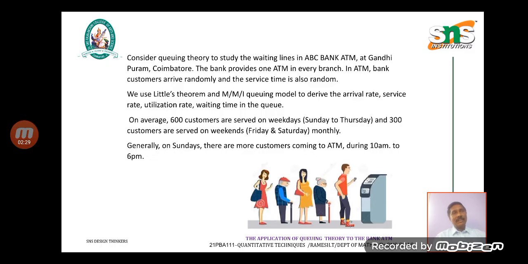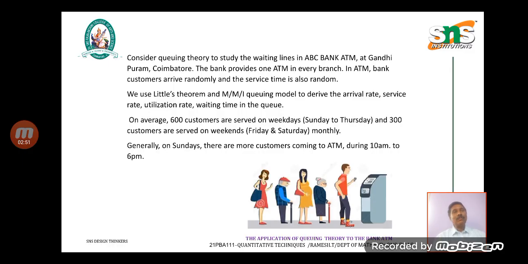We use Little's theorem and the M/M/1 queuing model to derive the arrival rate, service rate, utilization rate, and waiting time in the queue. On average, 600 customers are served on weekdays, that means Sunday to Thursday, and 300 customers are served on Friday and Saturday monthly.